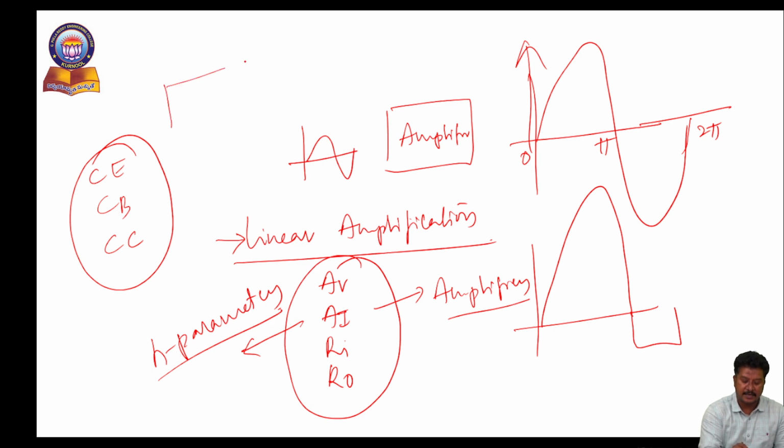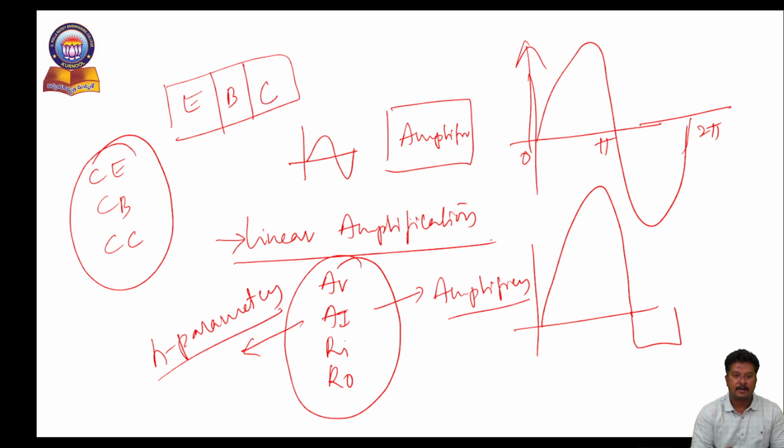Exteriorly, we see the transistor as only emitter, base, and collector. But if you see the transistor only as emitter, base, and collector, it is not possible to design the perfect amplifiers according to our expectations. That's why first we have to consider the transistor as a two-port network. Unless you make the transistor equivalent to an electrical component, it is not possible to know how to find out the H parameters.